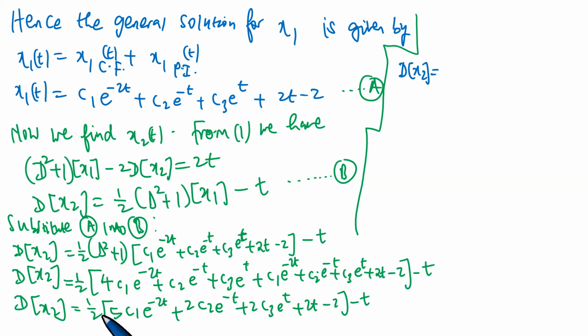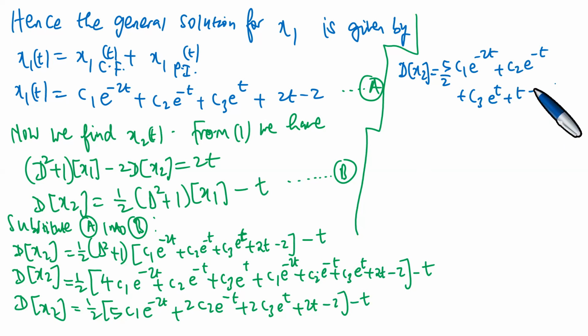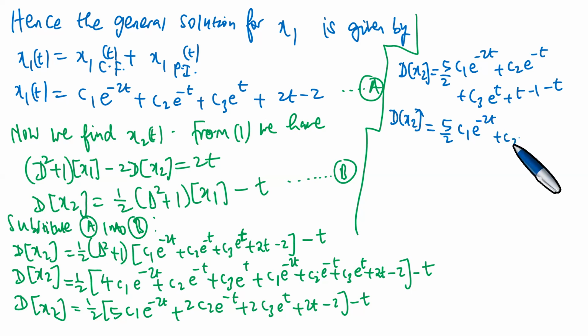We allow the half to distribute everything through the brackets, giving us 5 over 2 c1 e to the minus 2t plus c2 e to the minus t plus c3 e to the t plus t minus 1 minus t, giving us dx2 is 5 over 2 c1 e to the minus 2t plus c2 e to the minus t plus c3 e to the t minus 1.